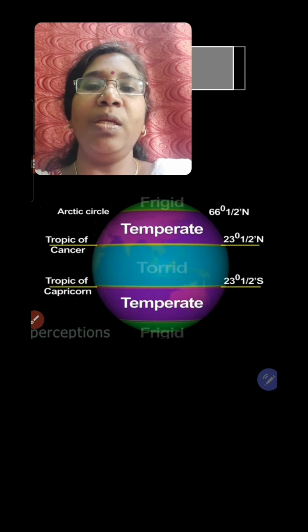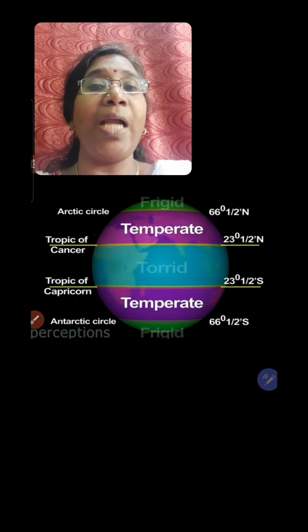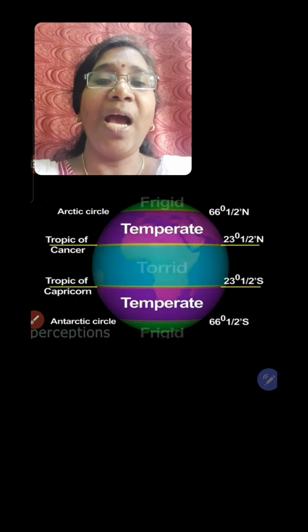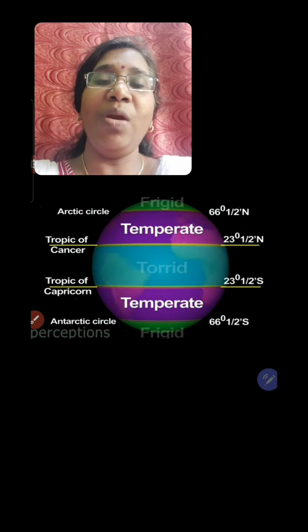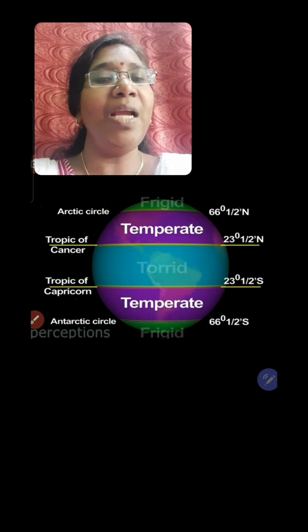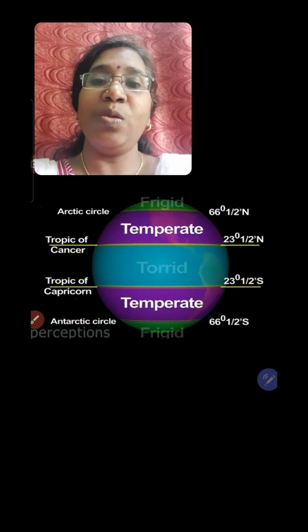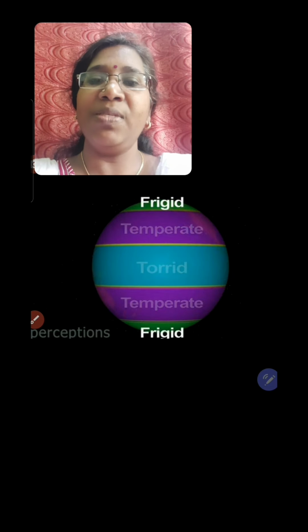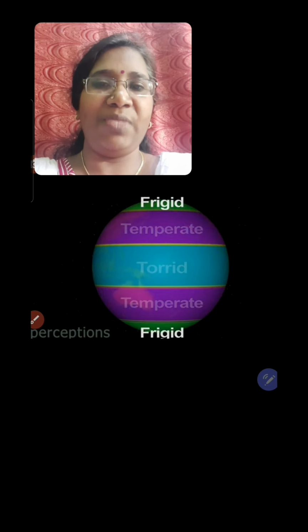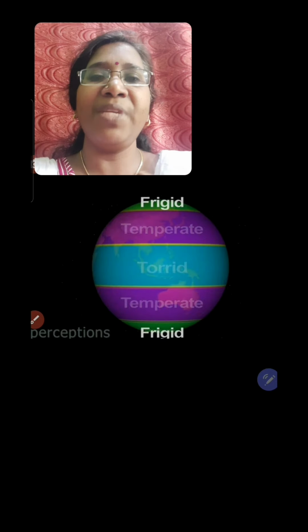The next is the temperate zone. The temperate zone lies between the Tropic of Cancer and the Arctic Circle in the northern hemisphere, and between the Tropic of Capricorn and the Antarctic Circle in the southern hemisphere. So there are two temperate zones, one in the northern hemisphere and another in the southern hemisphere. And next comes the frigid zone.